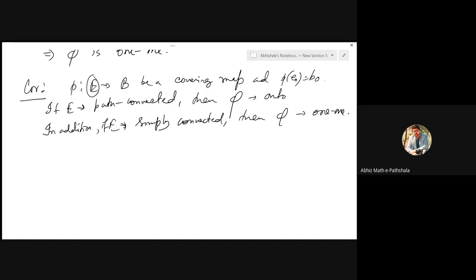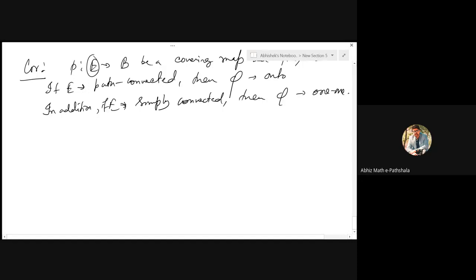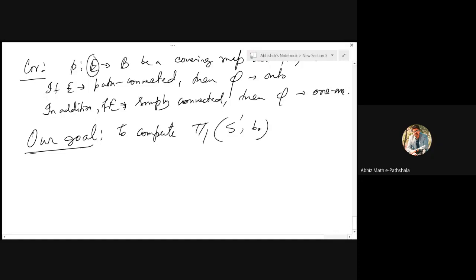So now is the time to compute the fundamental group of the circle, right? So our goal is to compute pi 1 of S1 at B naught. Suppose B naught is (1, 0).